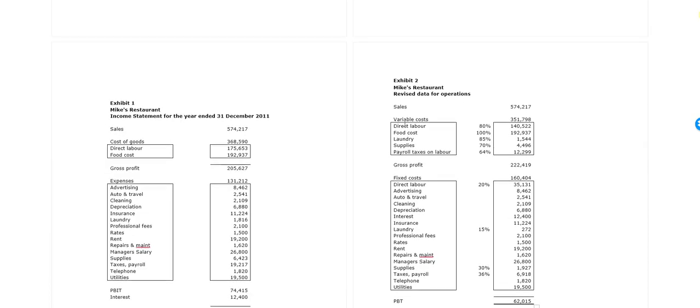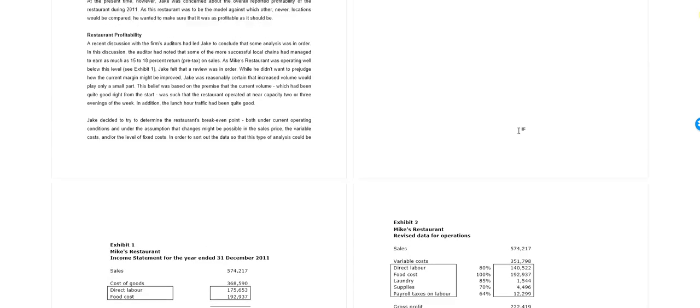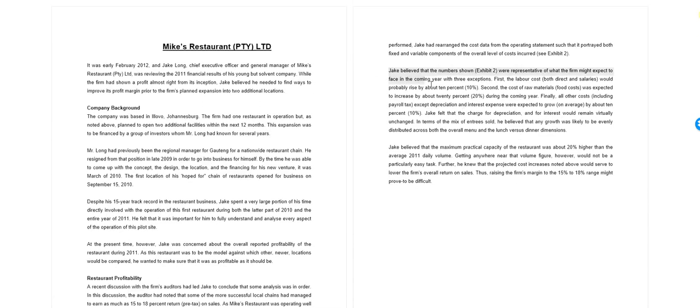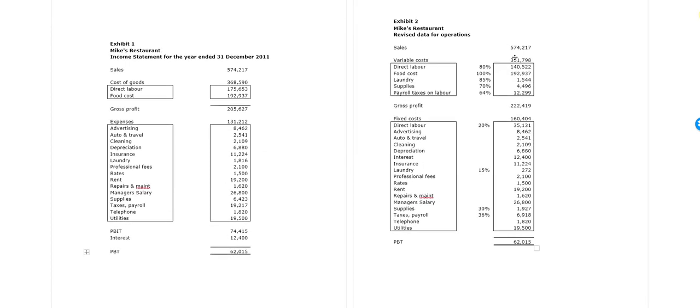Alright, so this is where it gets a little bit tricky, because we don't have an income statement for the coming year. That means you need to construct it. And how do you construct it? Well, you take the information from Exhibit 2 and you do a forecast for the coming year. And how do you get all the data for these expenses that are going to change? You come to the second last paragraph and you take out this information here, the 10%, the 20 and the 10, and you apply it in order to find out what these expenses will be in the coming year.